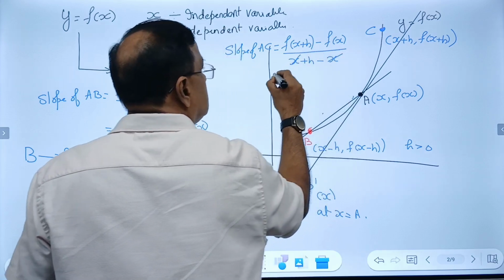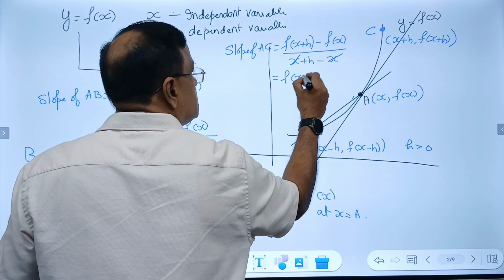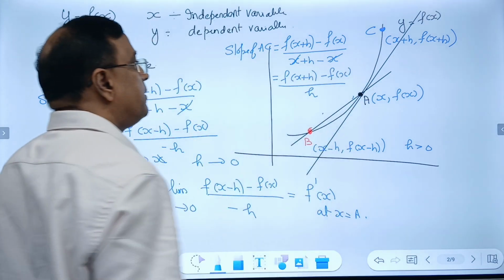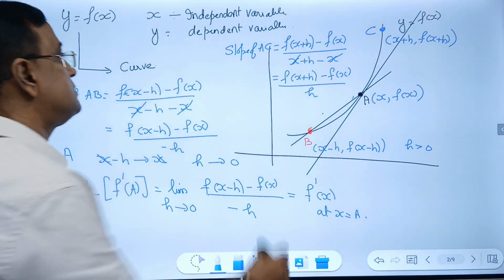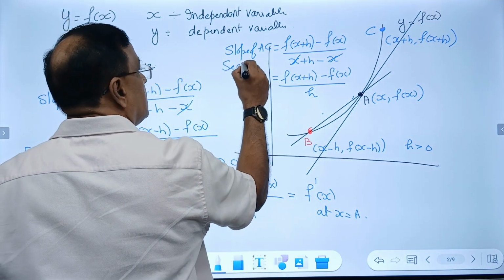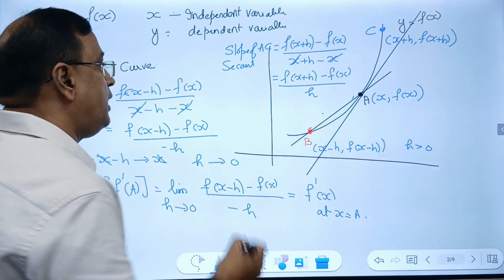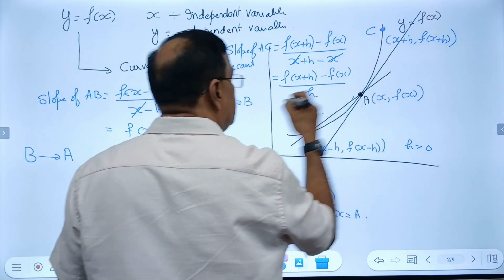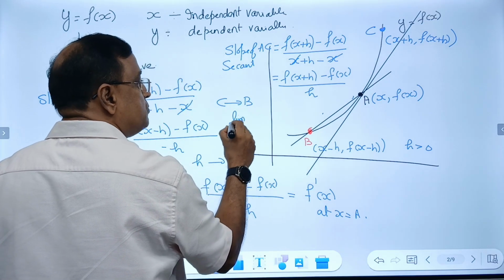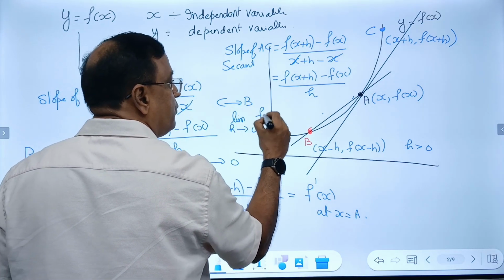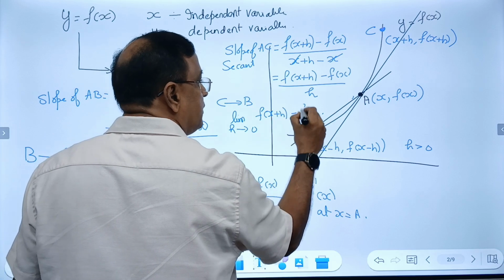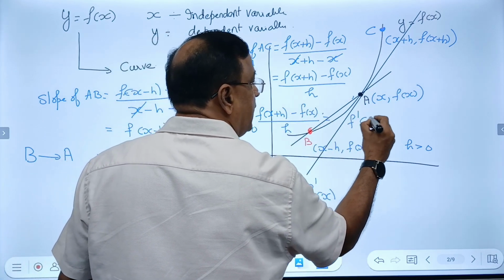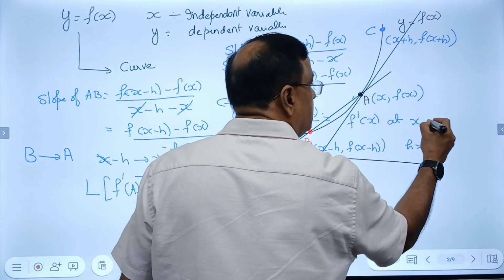I get f of x plus h minus f of x divided by h. This is the slope of my secant AC. Now if I allow C to approach B, then h becomes 0. So it will be f of x plus h minus f of x divided by h, which is nothing but f dash of x at x is equal to a.